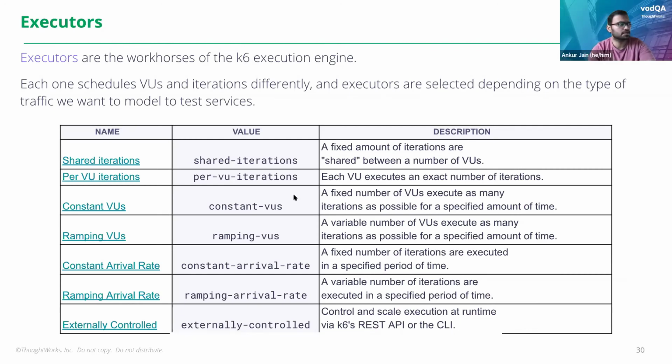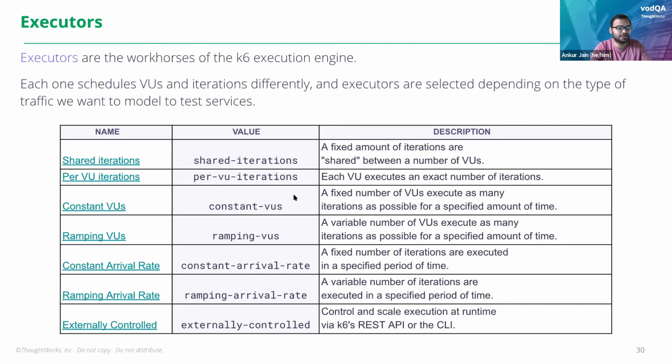Okay, so the next is about executors. We mentioned a few of them along the way. Executors are essentially the horsepower of all the scenarios we're going to execute. There are virtual users, timing, and other options available, but what do these options actually do?